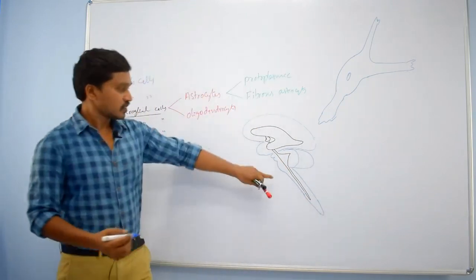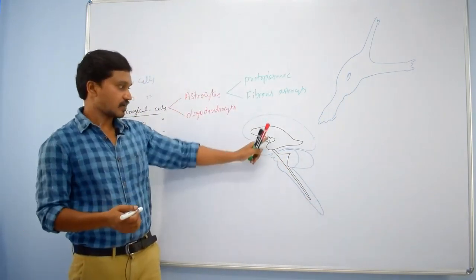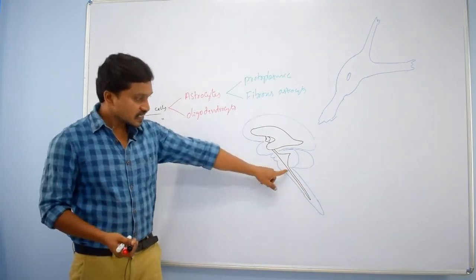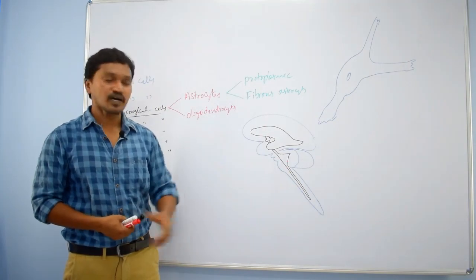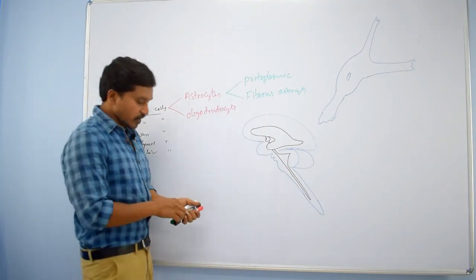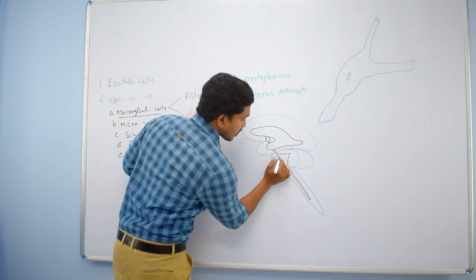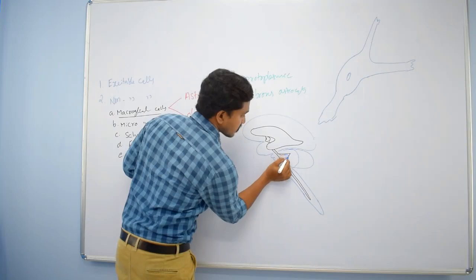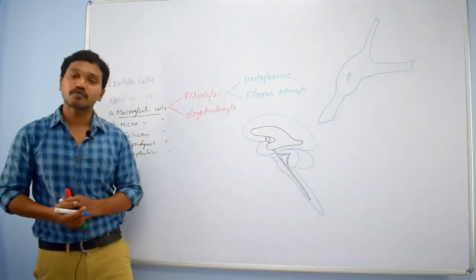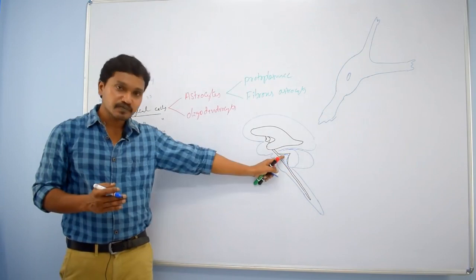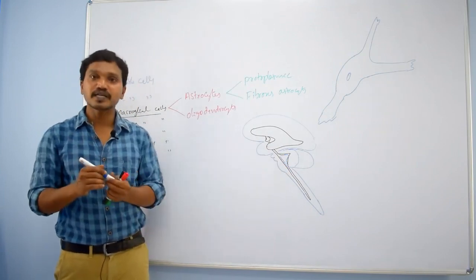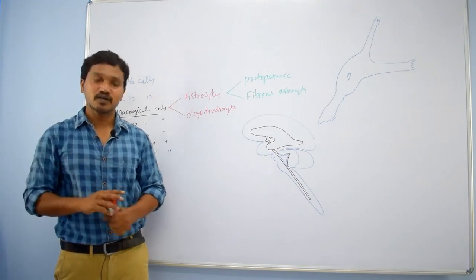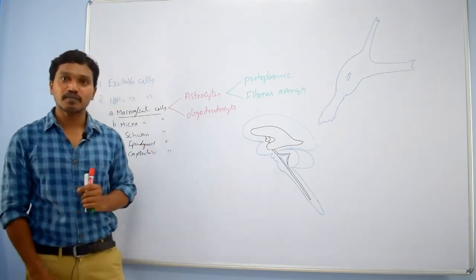So, this is the ventricular system. Lateral ventricle, third ventricle, fourth ventricle, central canal of spinal cord. These cavities are lined by ependymal cells. Right? And what is the function of ependymal cells? They help in the transportation of materials between the brain tissue and CSF. Right? So, that is it about ependymal cells.